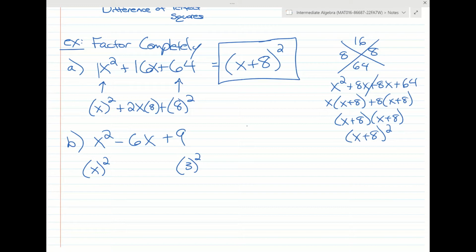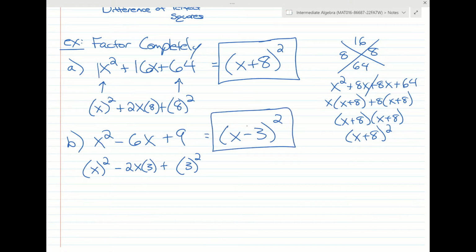And the middle term is negative 2 times x times 3. So it looks like we have another special case here, which means we could just write this as x minus 3 to the second power. First term minus the second term.